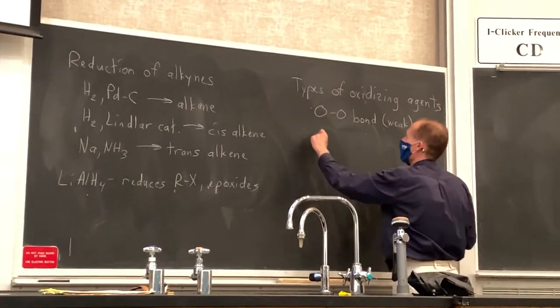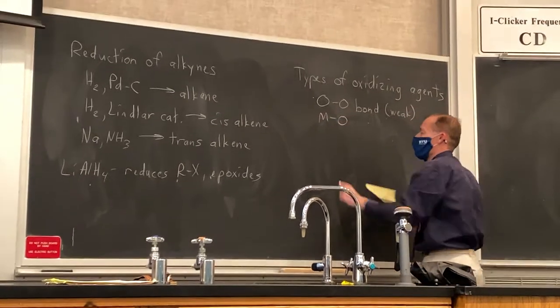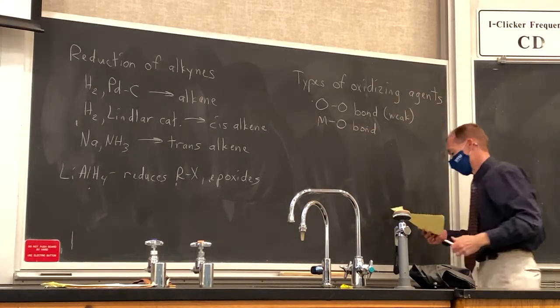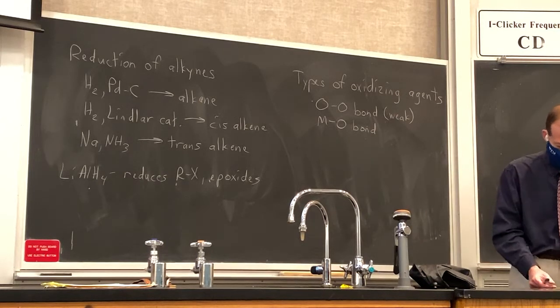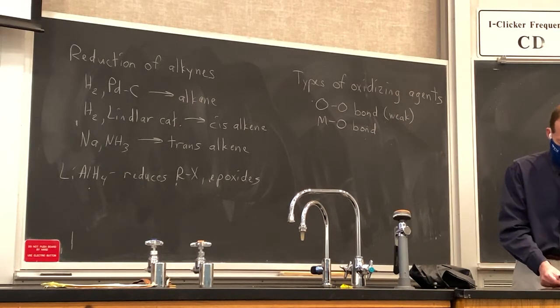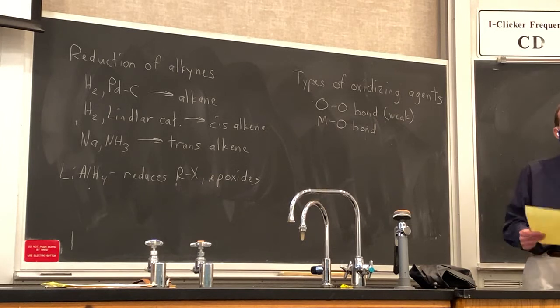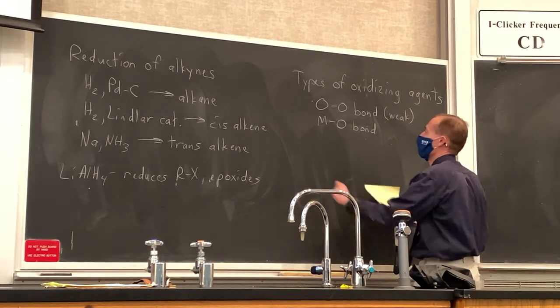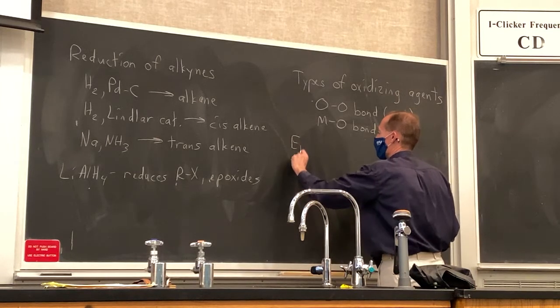And then our second category of oxidants were those that contained a metal oxygen bond. Okay. So we had several oxidation reactions that we learned in this chapter. The first one was epoxidation.